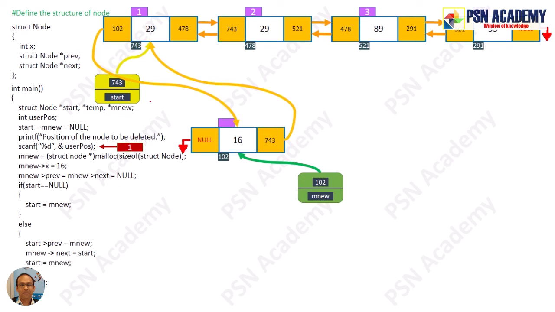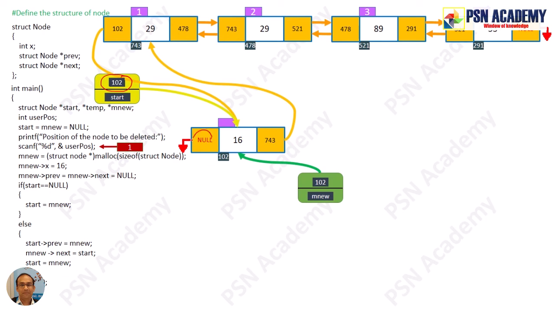As soon as you write start equal to mnew, this 743 will be replaced with 102, this link breaks and this link is established. So you can see that start is pointing to the node at 102.